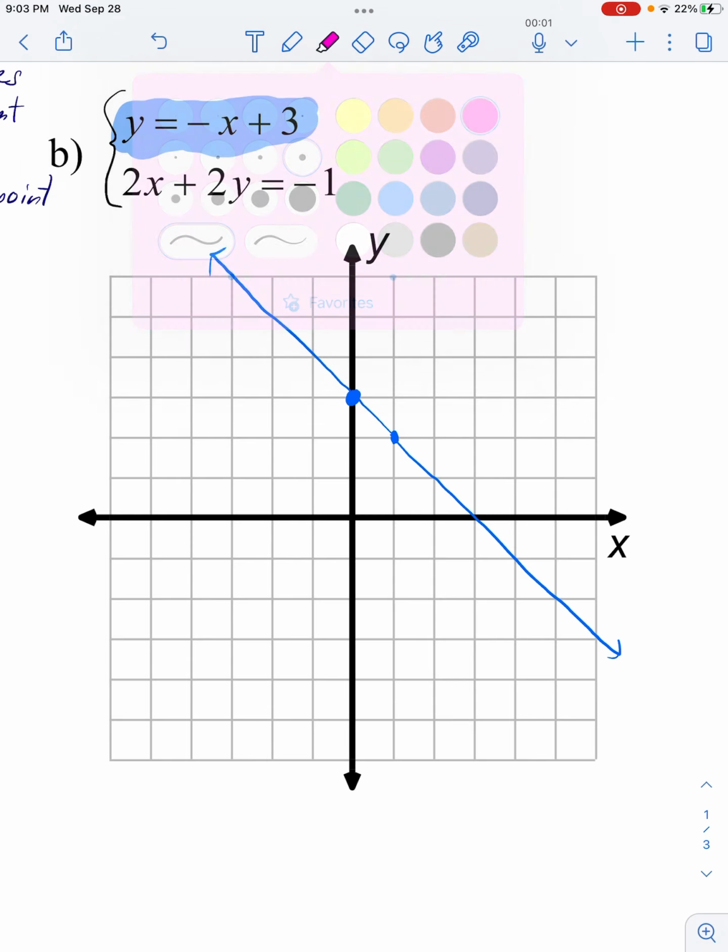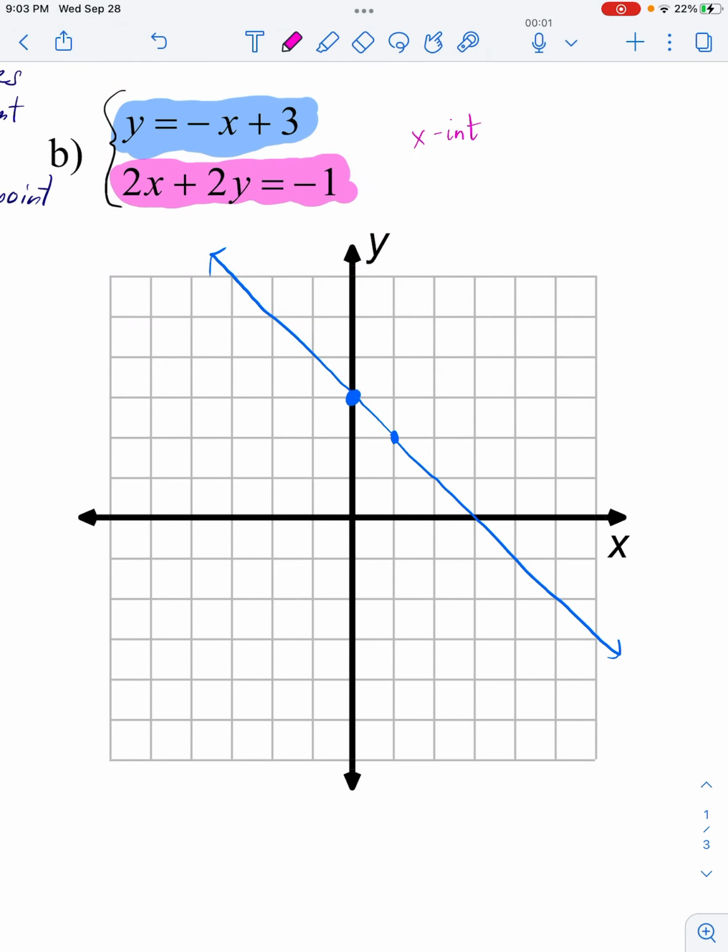Okay, let's do this one in pink. If I put this pink line in slope-intercept form, it's going to give me fractions. I don't like fractions, so I'm going to graph it by plotting the x and y-intercepts. The x-int means I plug in 0 for y, so it's 2x plus 2 times 0 equals -1, or 2x equals -1, or x equals -1/2.